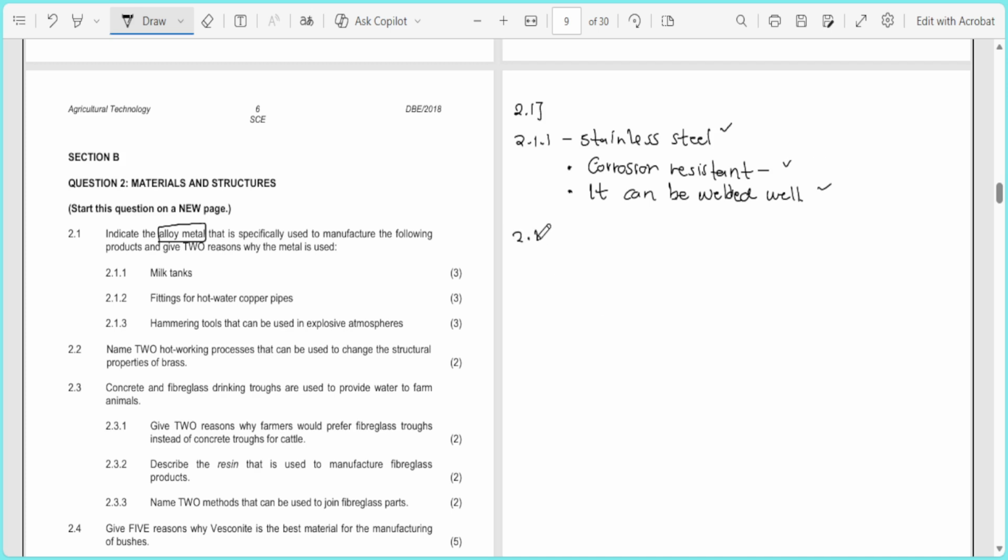Next question, 2.1.2, fittings for hot water copper pipes. Okay, the best option for this is normally brass. So the fittings are going to be brass. The 2 reasons are their strength and their machinability.